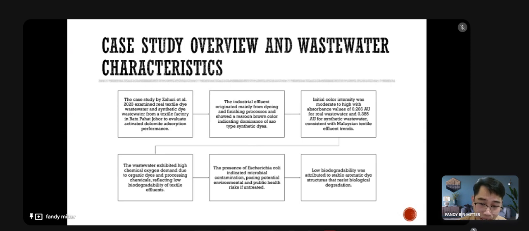Okay, it also have a presence of Escherichia coli, which indicated the microbial contamination posing potential environmental and public health risk if untreated. Okay, the others you can see in this slide. Okay, next.